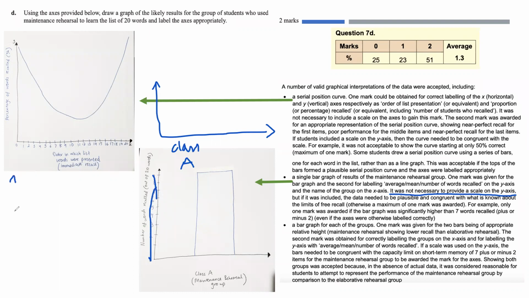Okay, so if we think about the graph that we did on the previous slide, looking at class A and class B, class A being the maintenance rehearsal and class B being the elaborative.